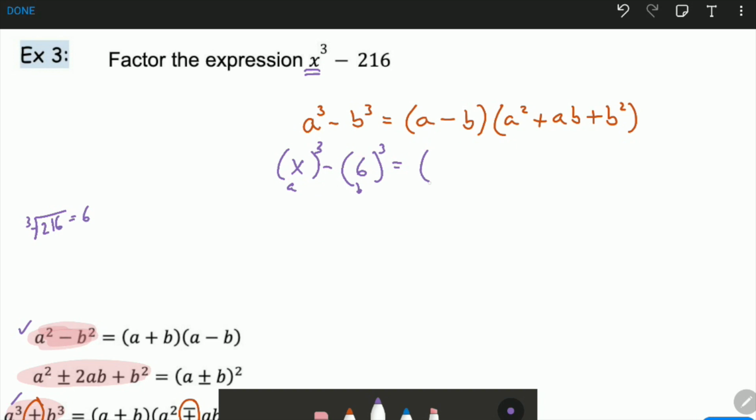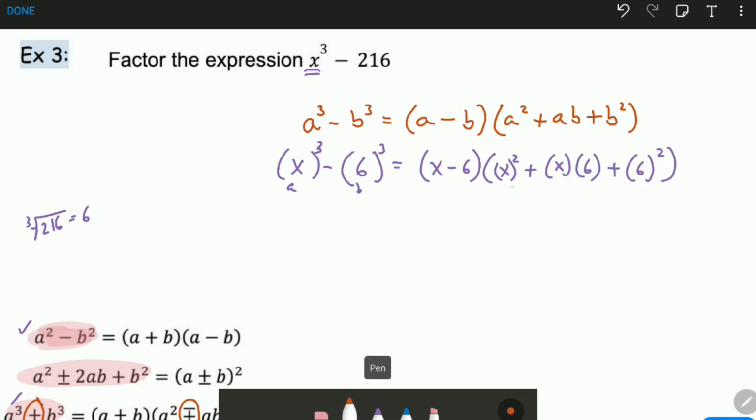So it's A minus B, so x minus 6. And then A squared, so x squared, plus A times B, so x times 6. And then plus B squared, so 6 squared. I'm going to put parentheses around that x as well.